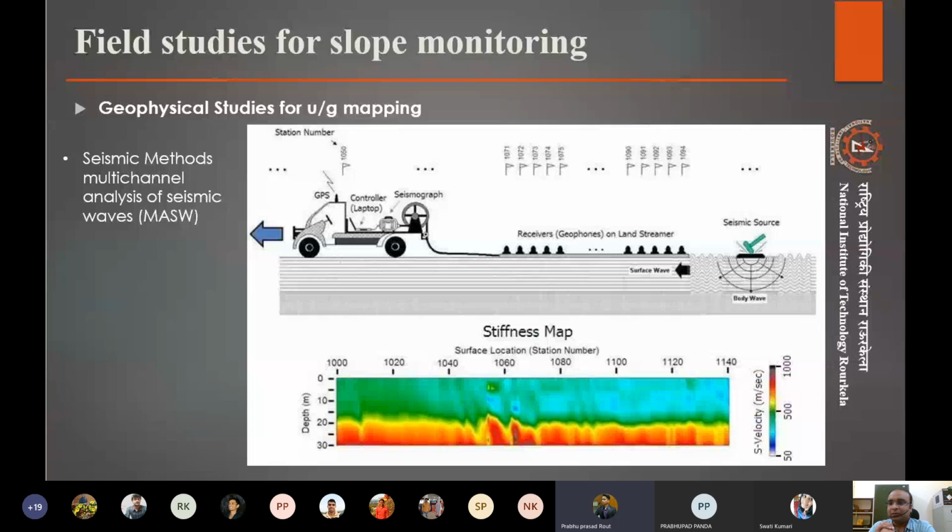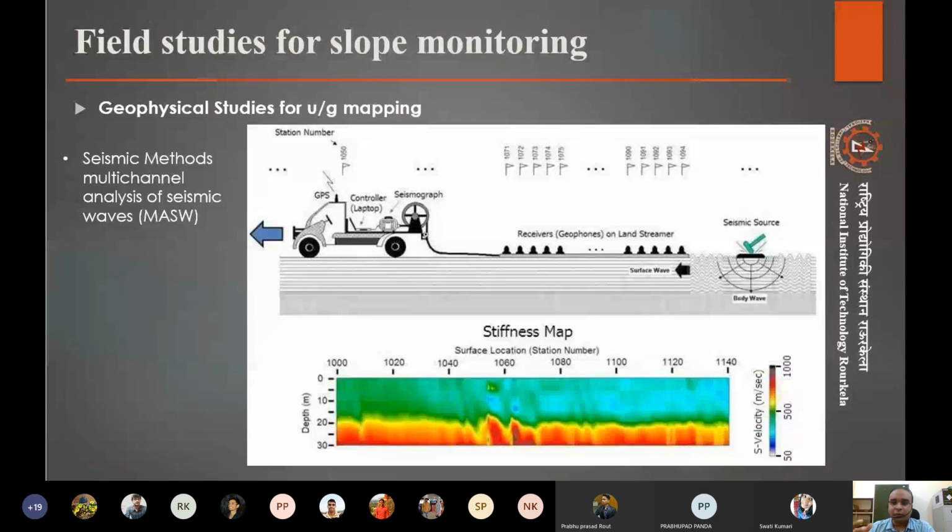Perfect. So, Prabhu summed up very well. There are two kinds of waves, as he said: body waves and surface waves. Any disturbance that happens inside the ground can create these two kinds of waves.